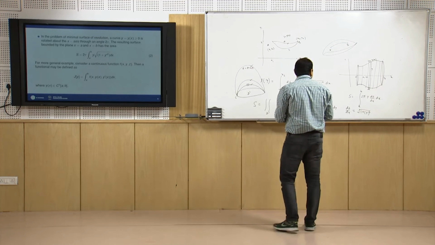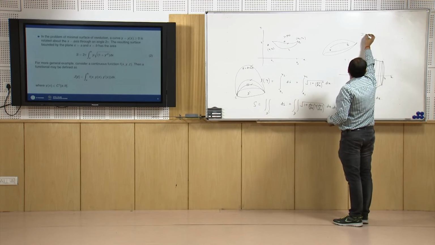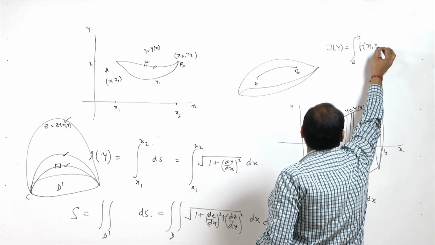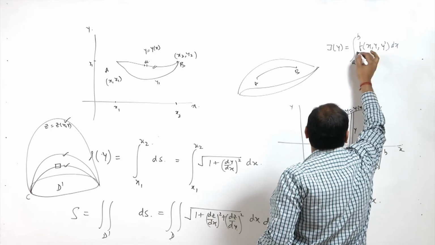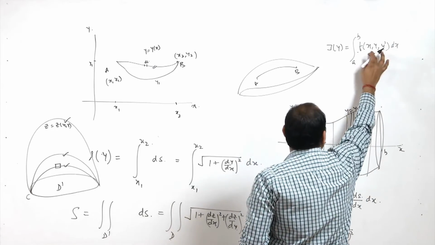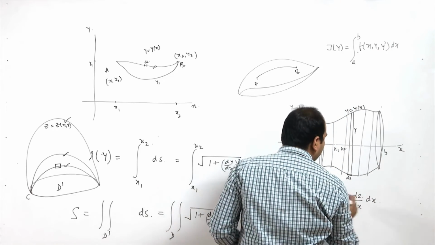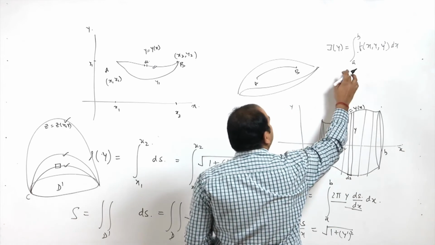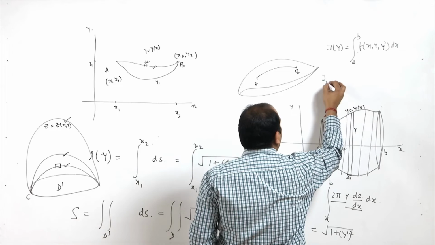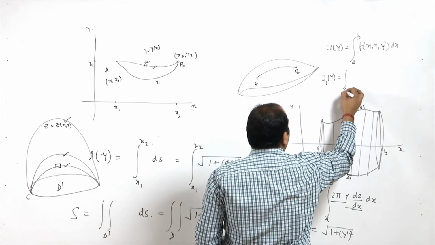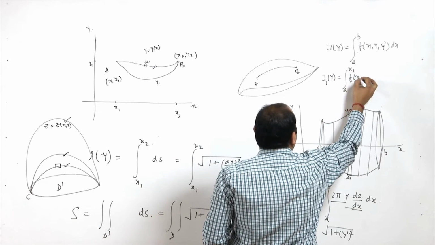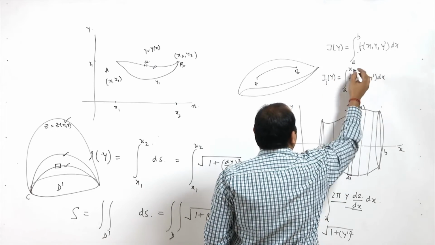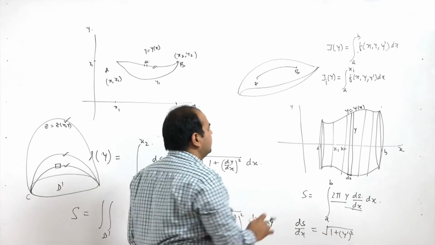So for example, here we have J of y equal to the integral from a to b of f of x, y, y dash, dx. For this particular problem, f of x, y, y dash is given by 2 pi y ds by dx. Now if we want to write J1 of y, here you write it from a to x1 of f of x, y, y dash, dx.